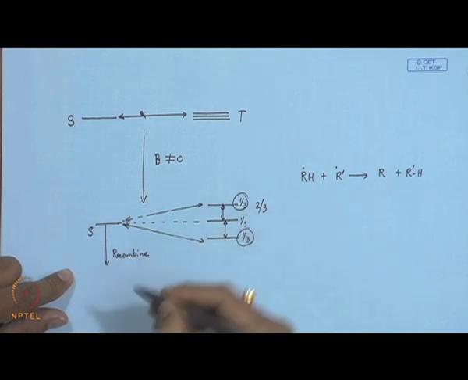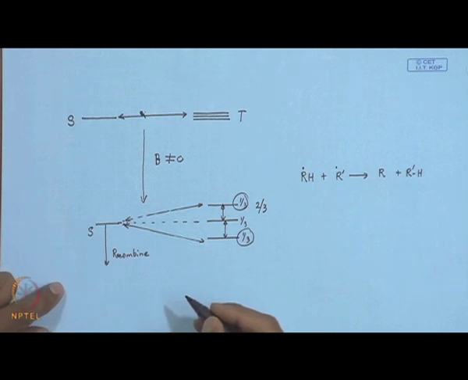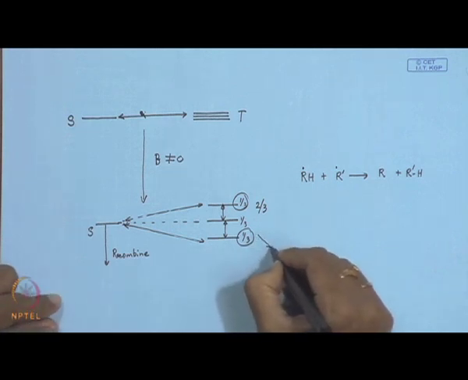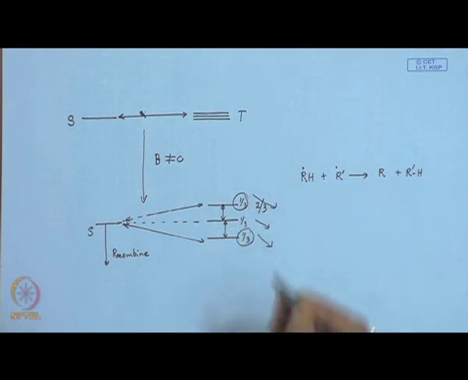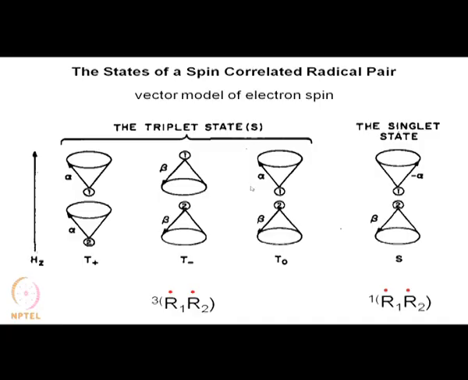And here, when the system is in the triplet state, what will they do? They will simply escape. If the system is in triplet, they will have the least tendency to recombine, because of their spin arrangement. Unless the spins are like this, they will not form a bond.